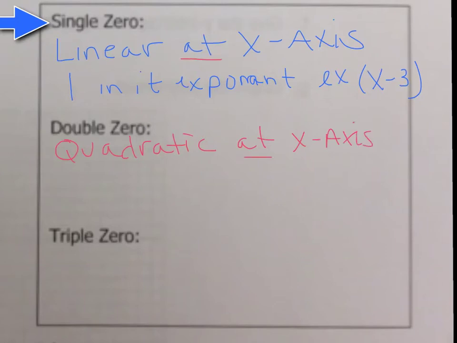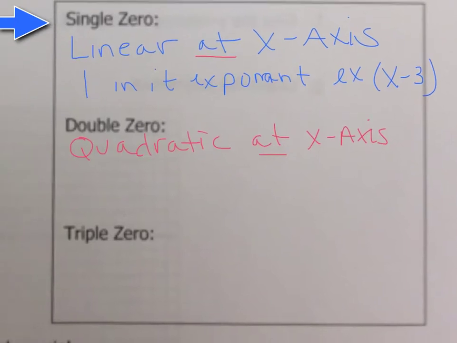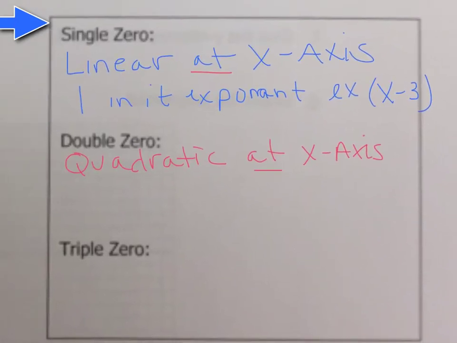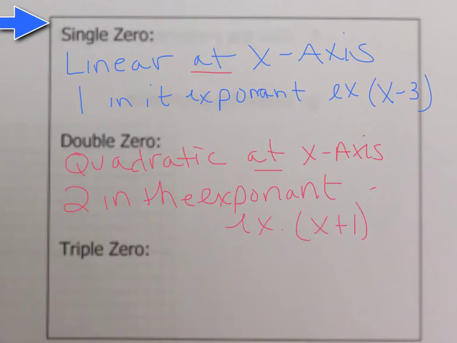That would be like a 2 in the exponent. For example, like we saw above, x plus 1 squared. So we're looking right here at that 2. That tells me it's a quadratic at the x-axis.